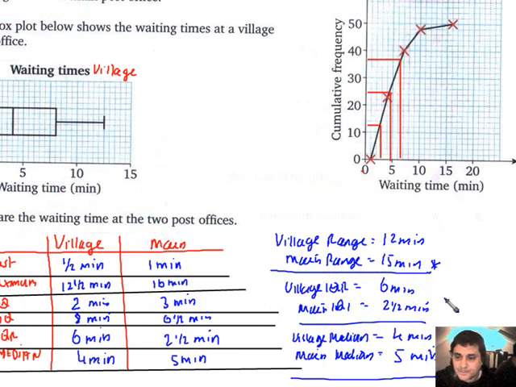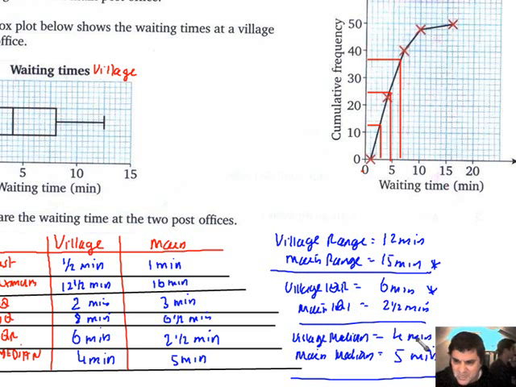But when it comes to the interquartile range, for the middle half of waiting times, there's a much narrower spread of waiting times in the main post office, and there's a wider spread of waiting times in the village post office. So let's just go for the biggest. In terms of the middle half of the sample taken, there's a wider interquartile range, a wider spread for the middle half of the population. But for the absolute range, there's a wider spread of waiting times in the main post office.